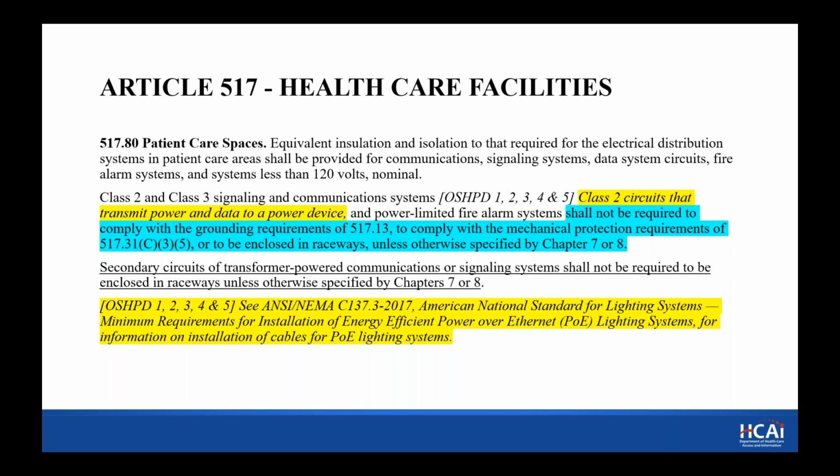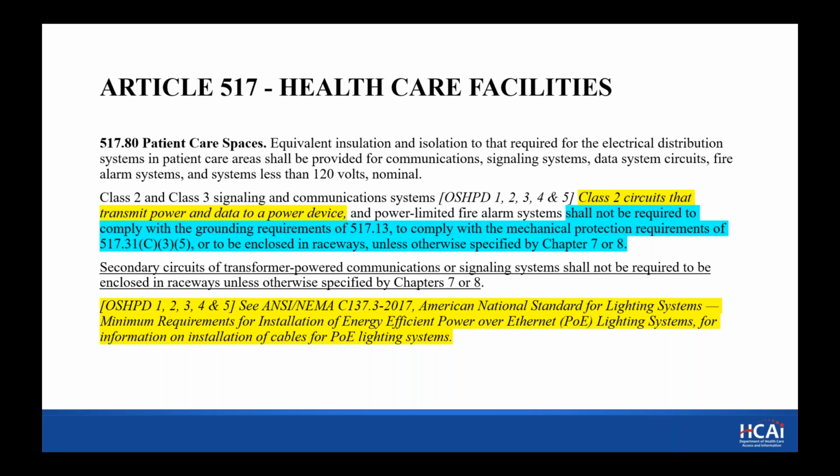So can you read the question again? Yes, of course. You mentioned PoE lighting when you reviewed the 517-80. Would you confirm that 517-80 also applies to DC LV lighting that not PoE?